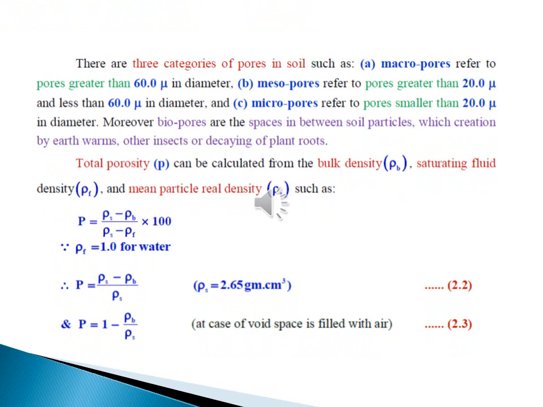Mesopores refer to pores greater than 20 microns and less than 60 microns diameter, while micropores refer to pores smaller than 20 microns in diameter. Anyhow, total porosity can be calculated from the bulk density, saturating fluid density, and mean particle real density.